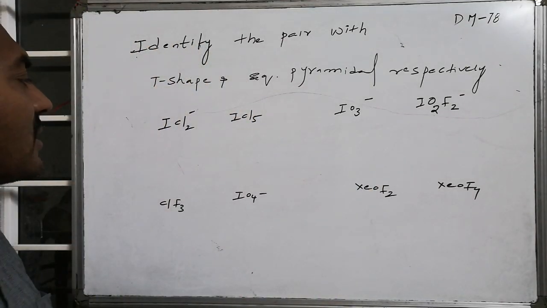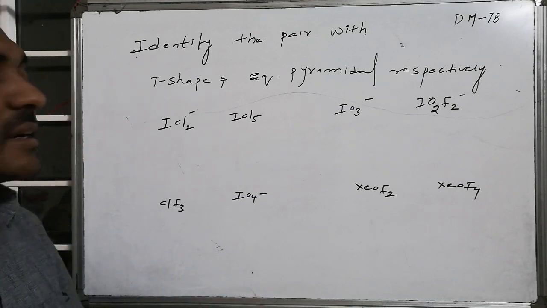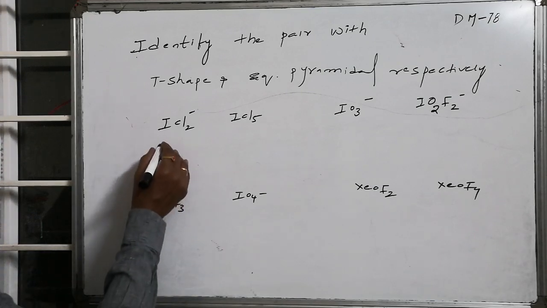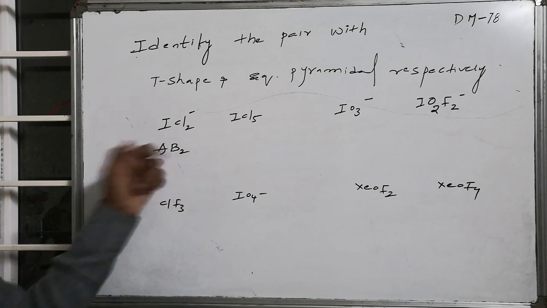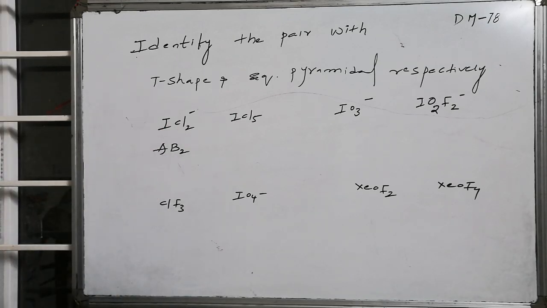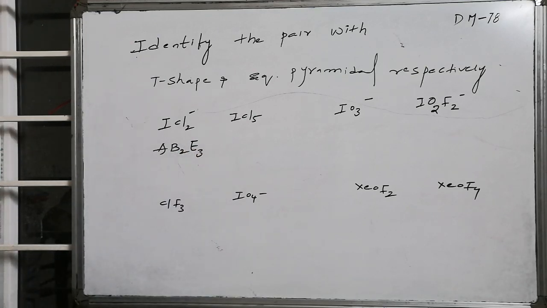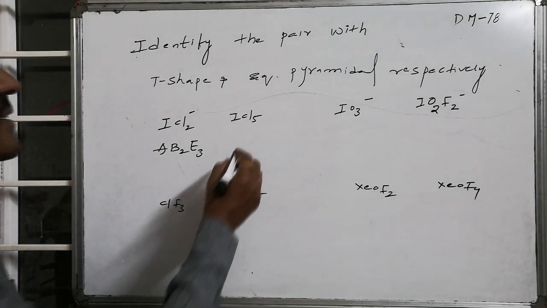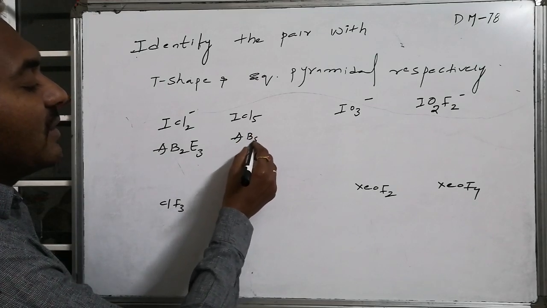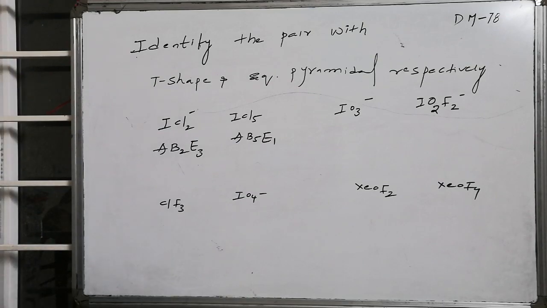If we write the compounds in the form of their central atom bond pairs as well as lone pairs: ICl2 minus, the central atom has 2 bond pairs, whereas out of 7 electrons 2 participate in bonding, the remaining 5 plus 1, that is 6, are present as 3 lone pairs, hence it belongs to the AB2E3 category. ICl5, the central iodine has 5 bond pairs, the remaining 2 electrons are present as 1 lone pair, that is AB5E1.